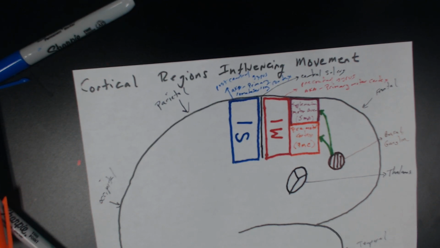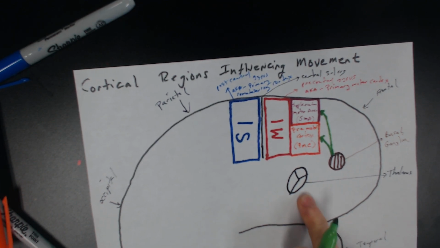And you should also know that the thalamus, the major somatosensory relay area, receives all sensory information except for olfaction. That's the only thing it doesn't receive.